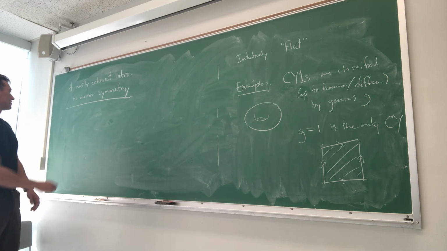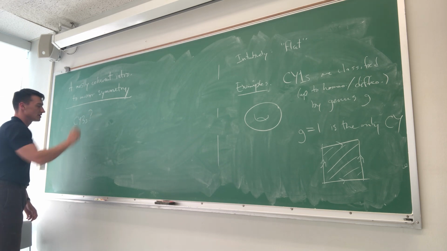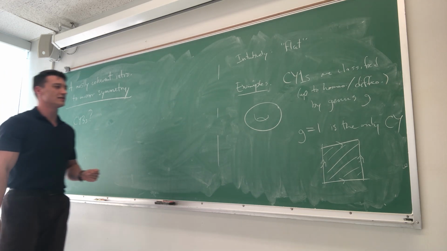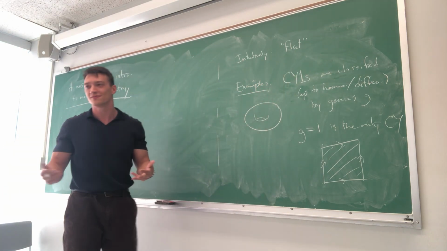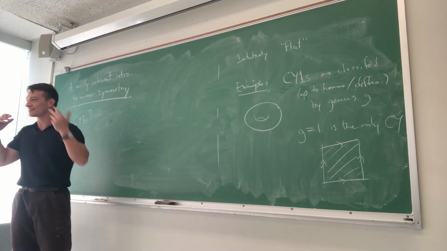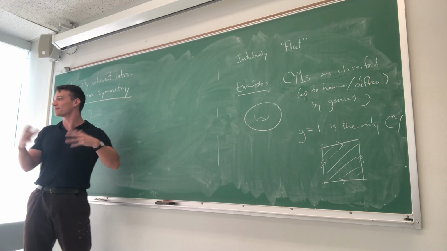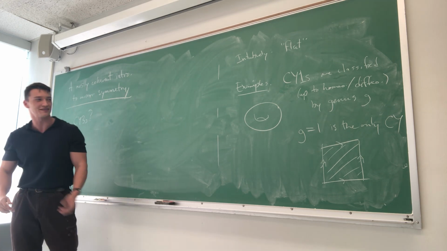And okay, so then the goal really is, what about CY3s? I guess I should also mention here that when I say classified, we want to answer the question, at least if we put our physicist hats on, apparently this is an important thing to think about: what is the space that we need to compactify these extra dimensions?